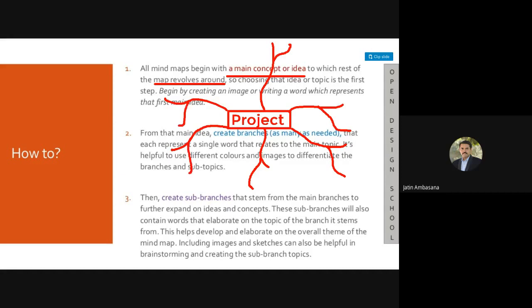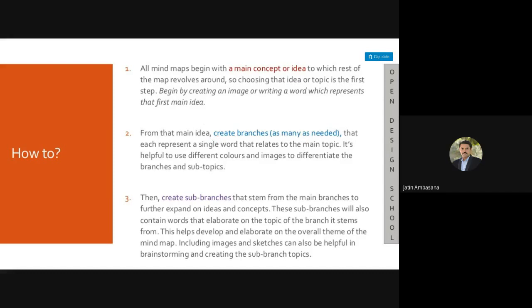Now, what are these branches for? Basically, these branches may represent a single word that relates to the main topic directly. You can use different colors and images to differentiate the branches and subtopics. Then you can create sub branches that stem out from the main branches, which expand on the ideas and concepts.